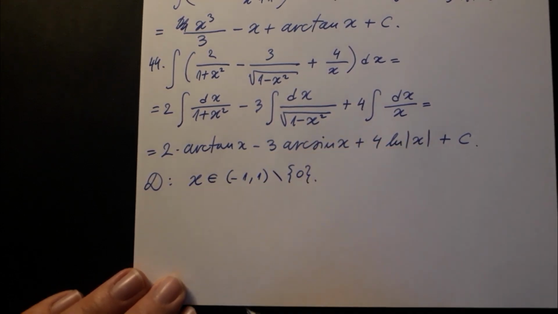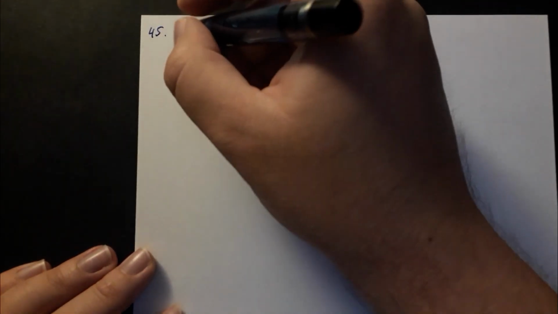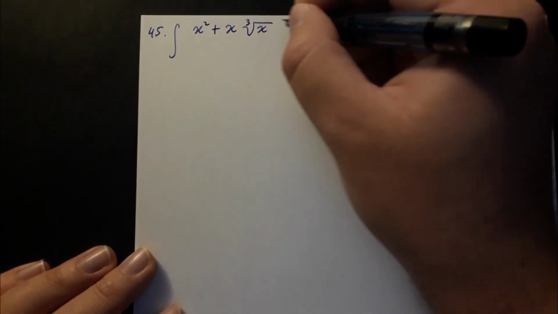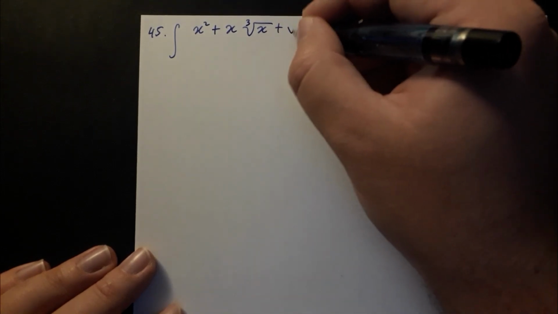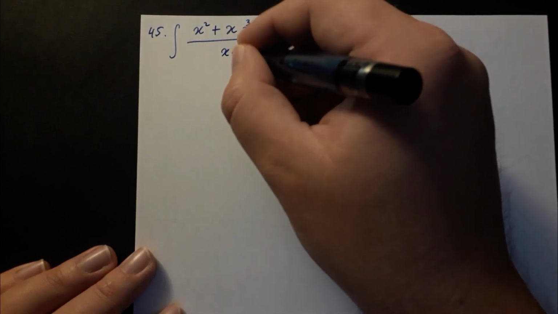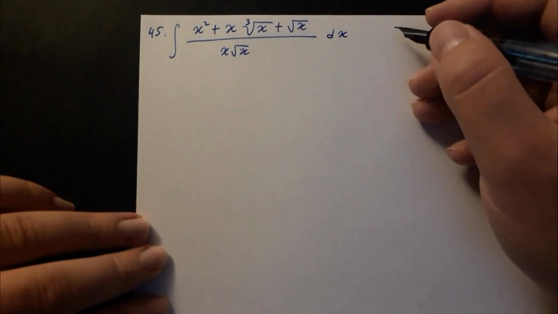The integral number 45 on our list is an integral of x squared plus x times a cubic root of x plus a square root of x divided by x times a square root of x dx.